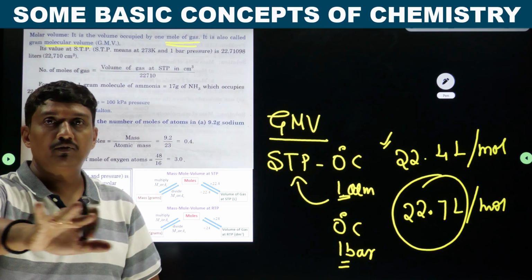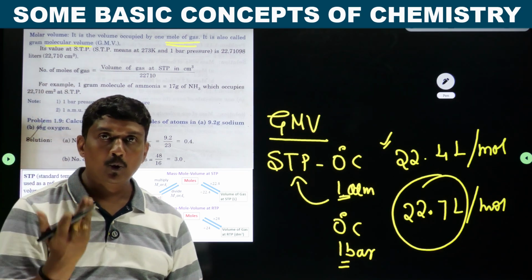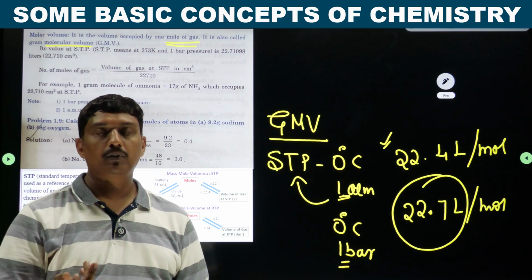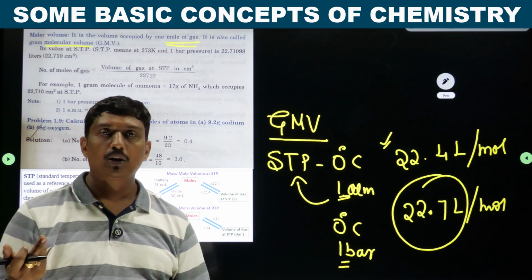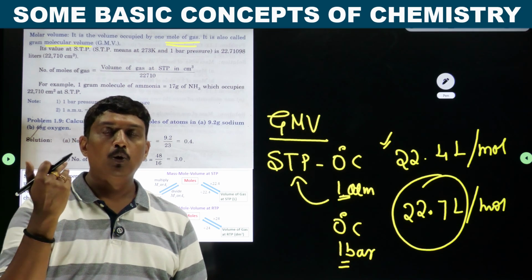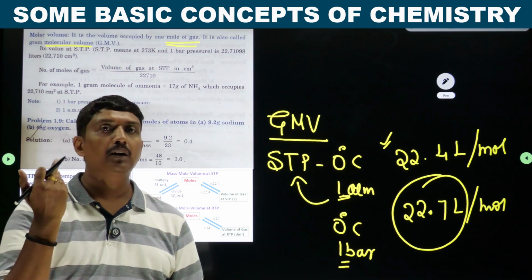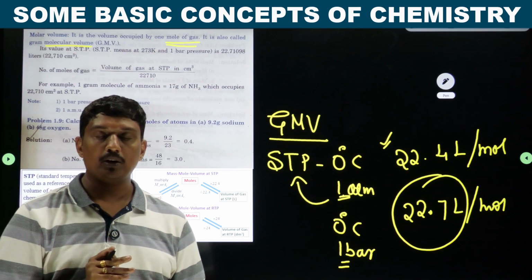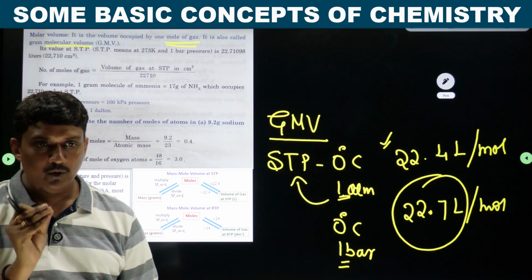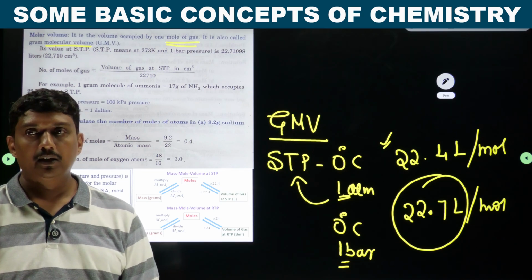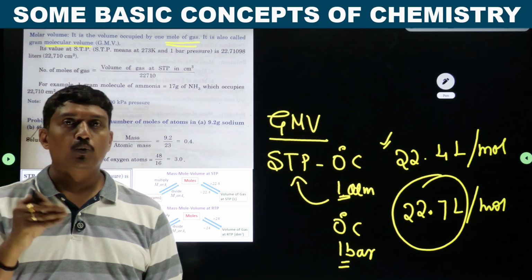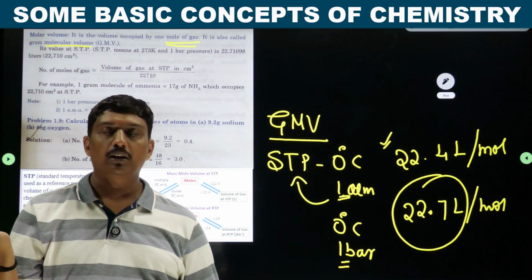This value is fixed. Molar volume of oxygen at STP, how much? 22.4 liters. Molar volume of carbon dioxide at STP, 22.4 liters. Molar volume of nitrogen gas at STP, 22.4 liters. If I give 22.4 liters, you can say it is a molar volume. Molar volume means 1 mole of a substance, and 1 mole of a substance means its gram molecular mass.